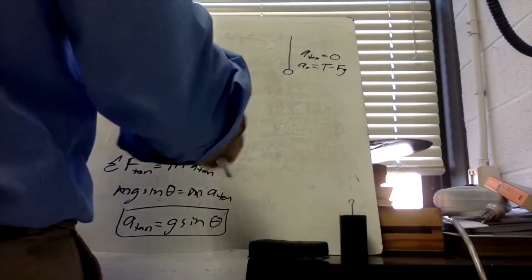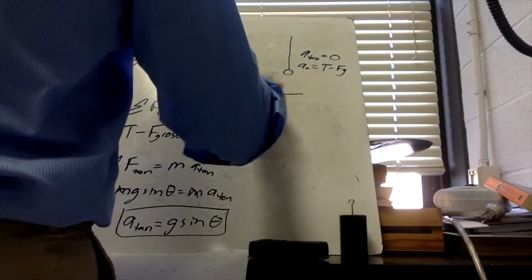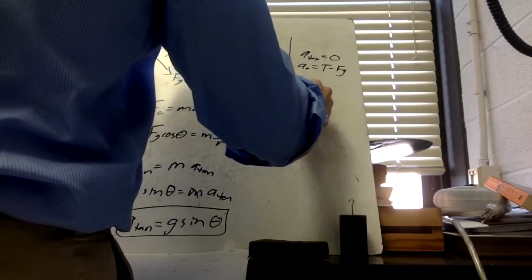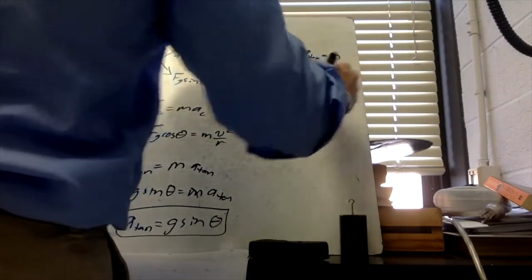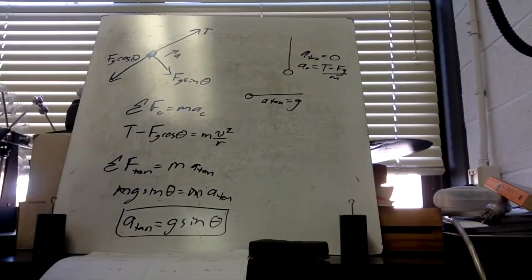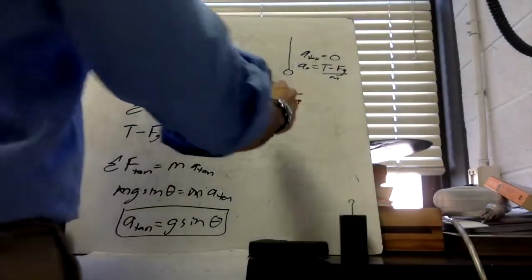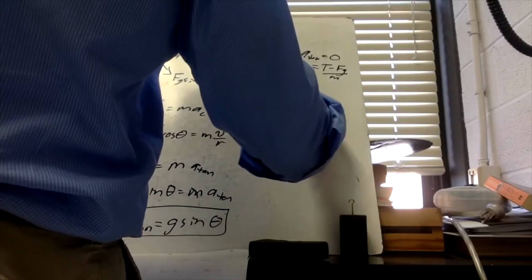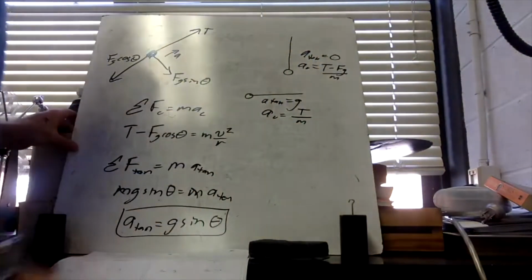What if it's at 90 degrees? So it's over here, that way. Here, a tangential is g. Oh, sorry, this would be over m, by the way. So a tangential equals g in this case, because it's pointing down. And then the centripetal acceleration is just going to be T over m. What if it's off to the side this way? Same thing.